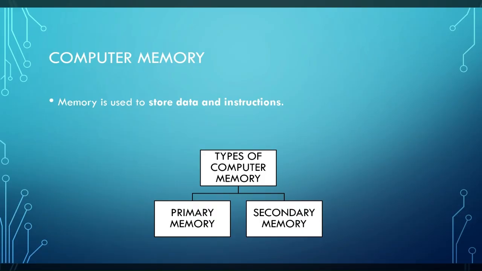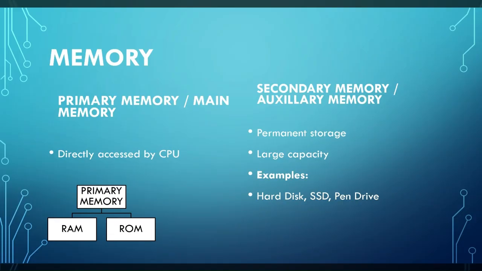Now in a computer, we have two main types of memory. First is primary memory, and the second one is secondary memory. All the computer related information of data and instructions is stored in these two major memories, primary memory and secondary memory. So let's see each memory.